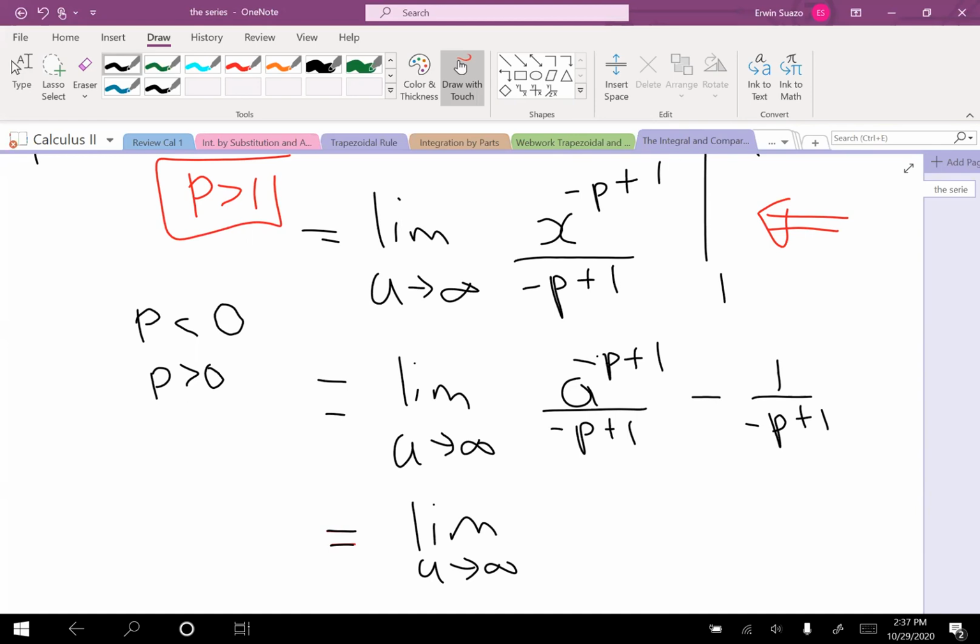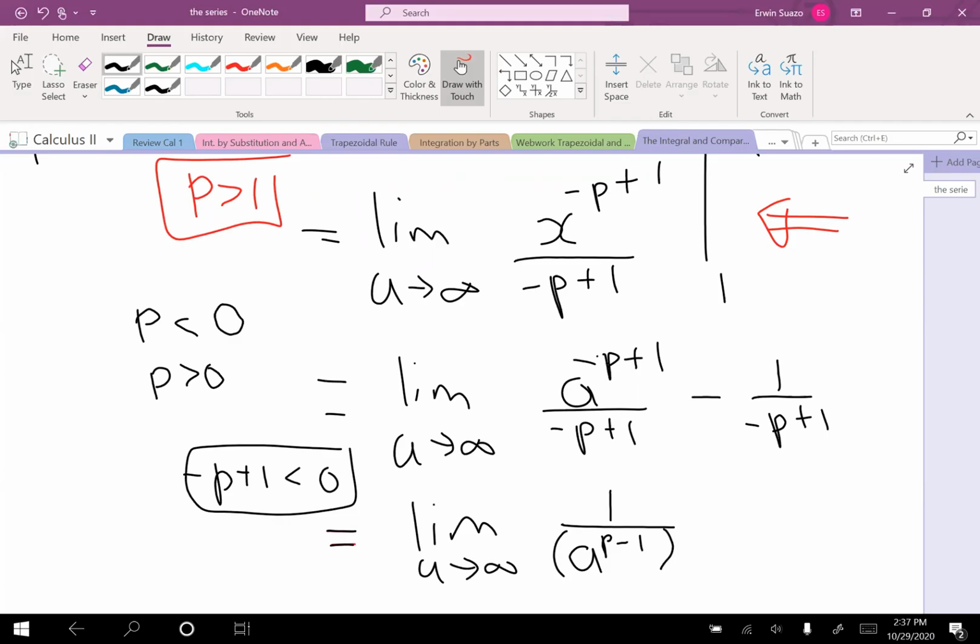No, because p is bigger than 1, so minus p plus 1 is negative. Since it's negative, that one can go in the bottom. So it will be 1 over a to the p minus 1, times 1 over minus p plus 1, minus 1 over minus p plus 1.